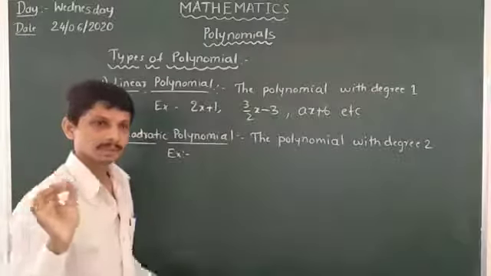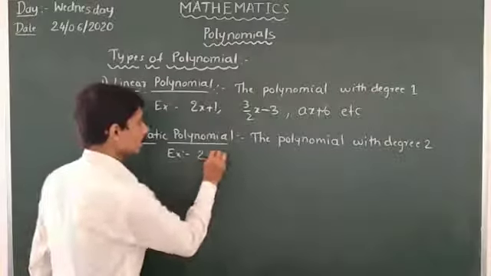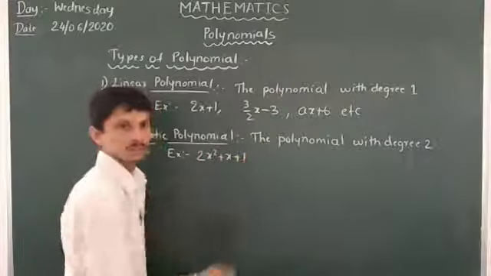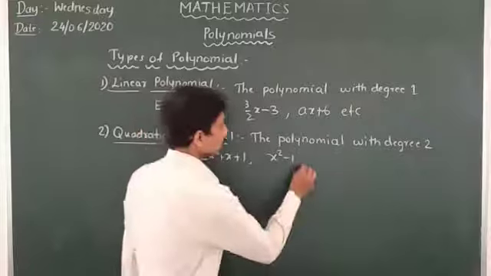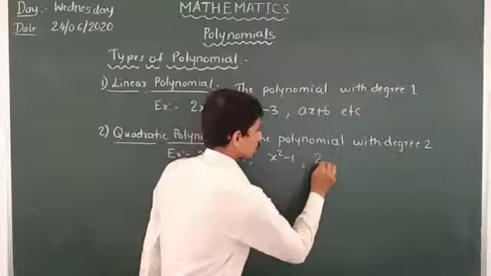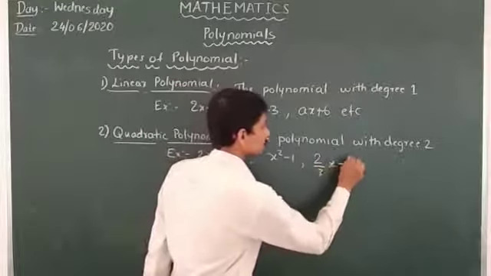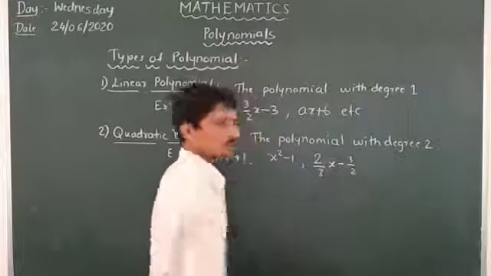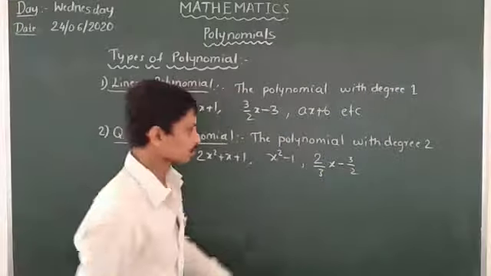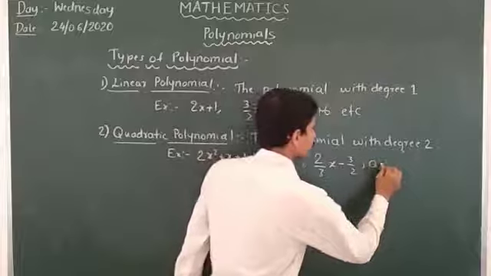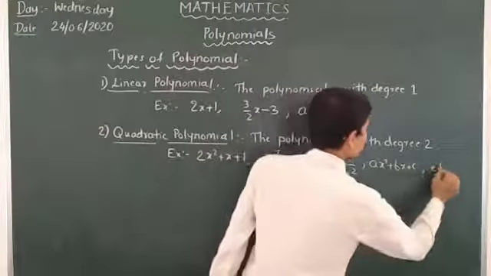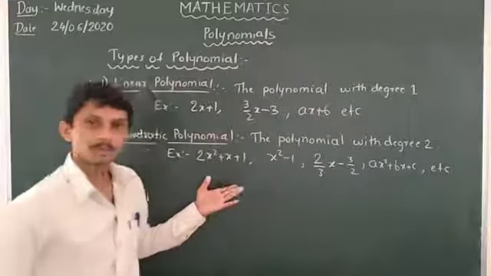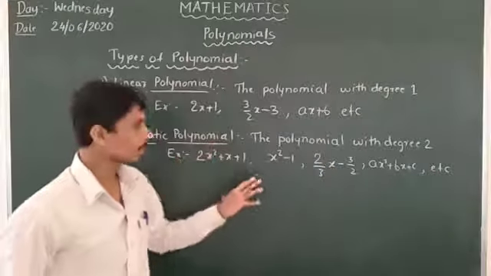Here I will take 2x square plus x plus 1, then x square minus 1, or 2 by 3 x minus 3 by 2, or ax square plus bx plus c. These are also polynomials with degree 2, that means quadratic polynomials.